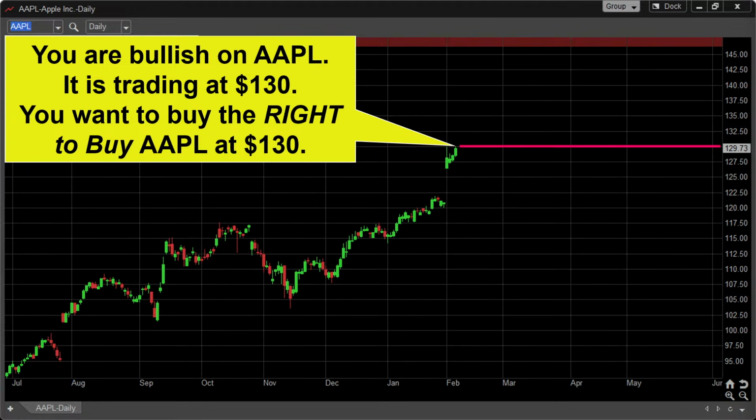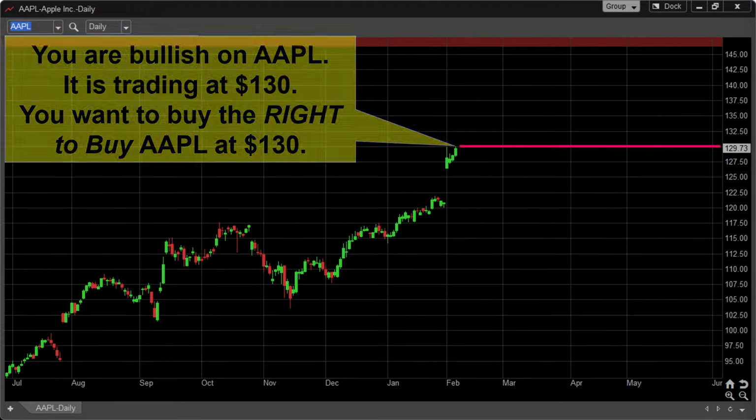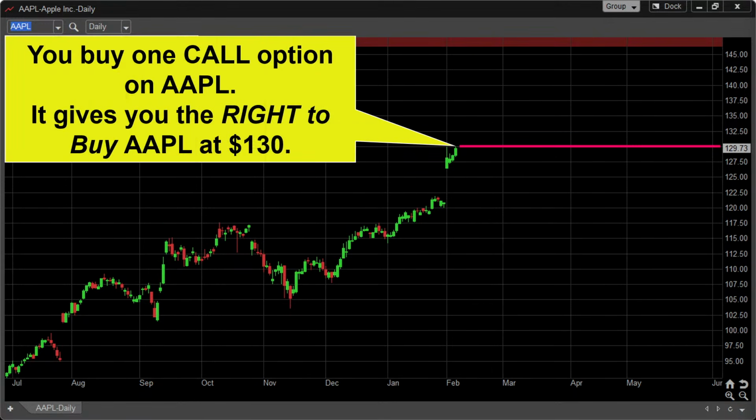Okay, so you're not actually buying the shares of Apple. You are buying the right to buy Apple, which means you are buying one call option on Apple. By buying one call option, it gives you the right to buy Apple.